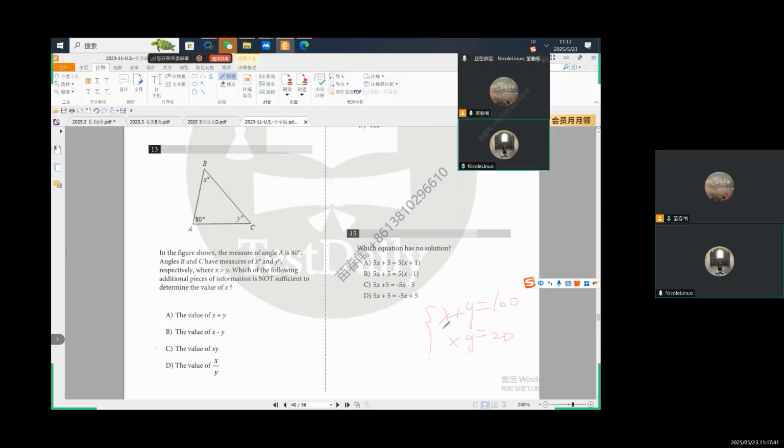Okay. So you're saying that A is not sufficient because it's only one equation.